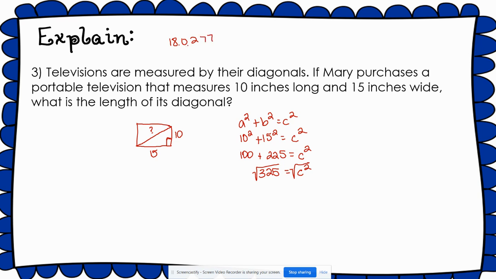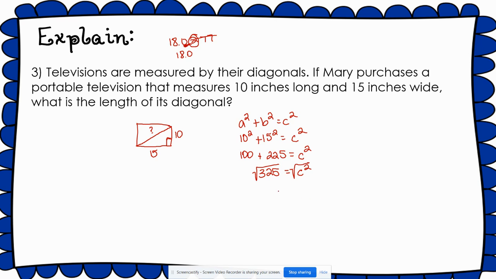But if we rounded this to the nearest tenths place, the tenths place is this 0, and the 2 tells us what to do with that 0. Because that 2 is below 5, it tells us we're not rounding that 0 up. So really, this is 18.0. Well, I don't need to say 0.0 because if something is 0.0, then it's really about 18.